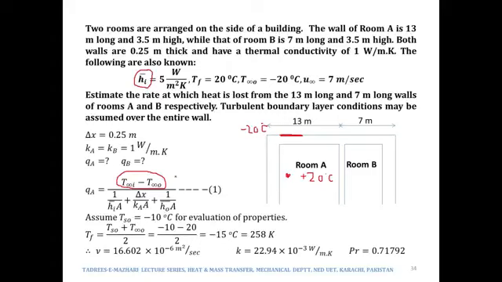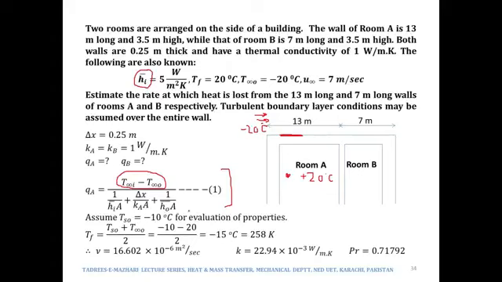Otherwise this problem could have been solved in the previous manner by considering convection heat transfer between the surrounding air and this outside surface of the wall. But due to the involvement of two unknowns, we are writing it in this particular form of equation number 1. So coming back to our point, we have only one unknown, which is H naught bar.